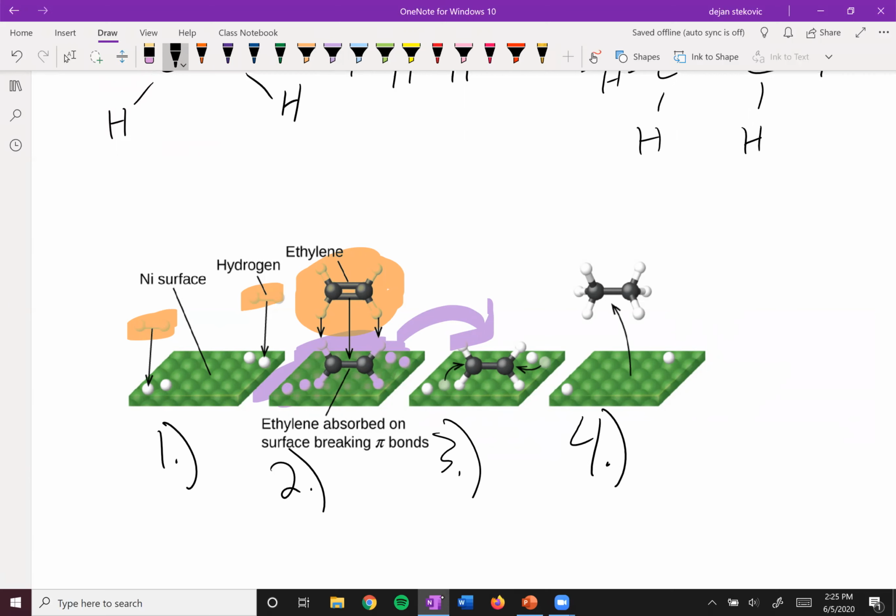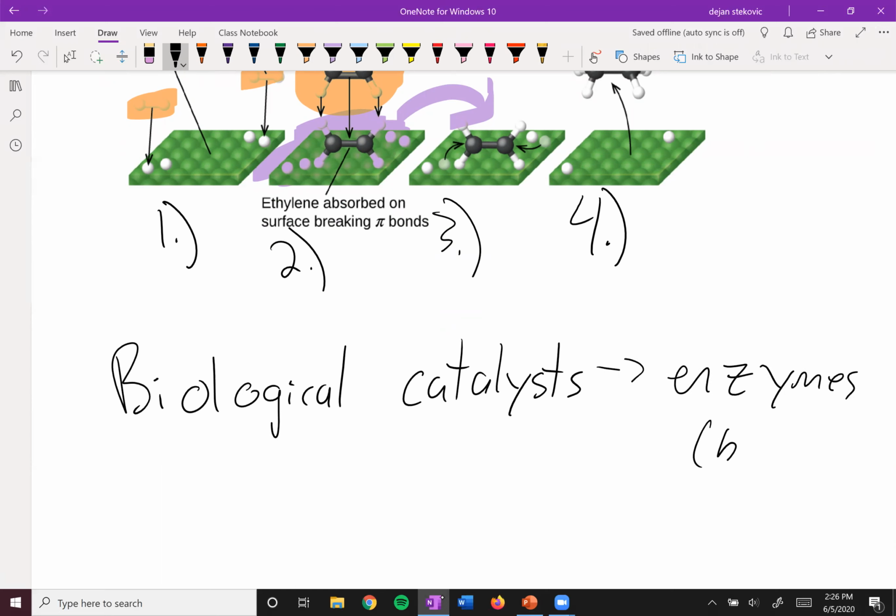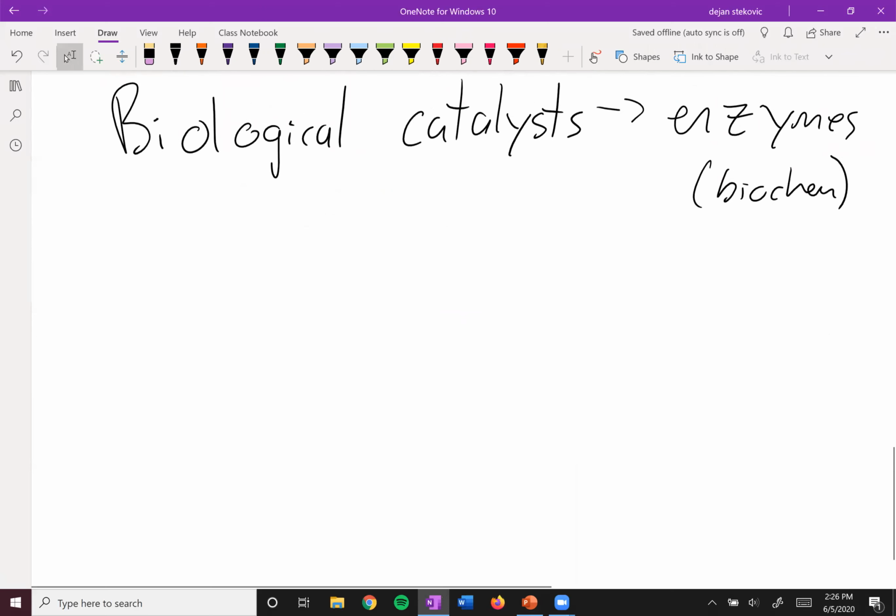Your body has all kinds of biological catalysts in it. And these are called enzymes, right? So if you study biochemistry, you'll learn a whole lot of enzymes. Biochemistry is a pretty cool class.